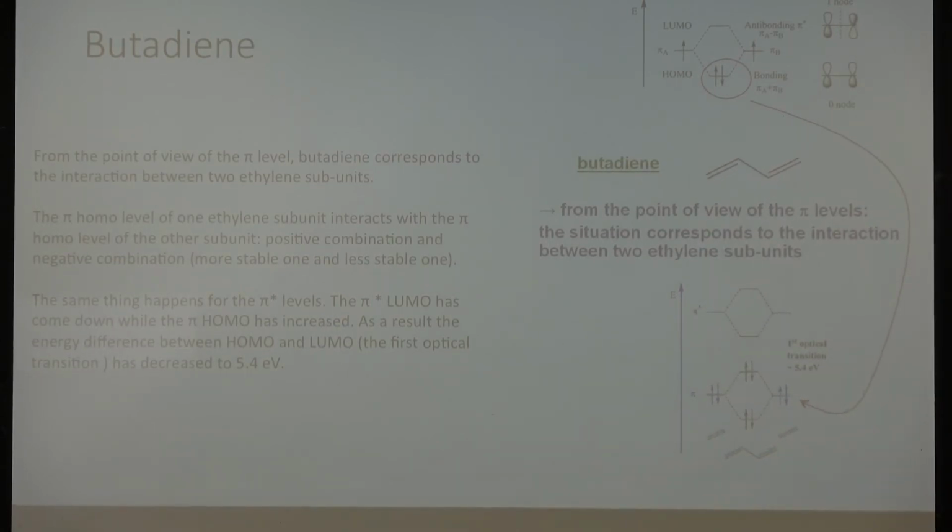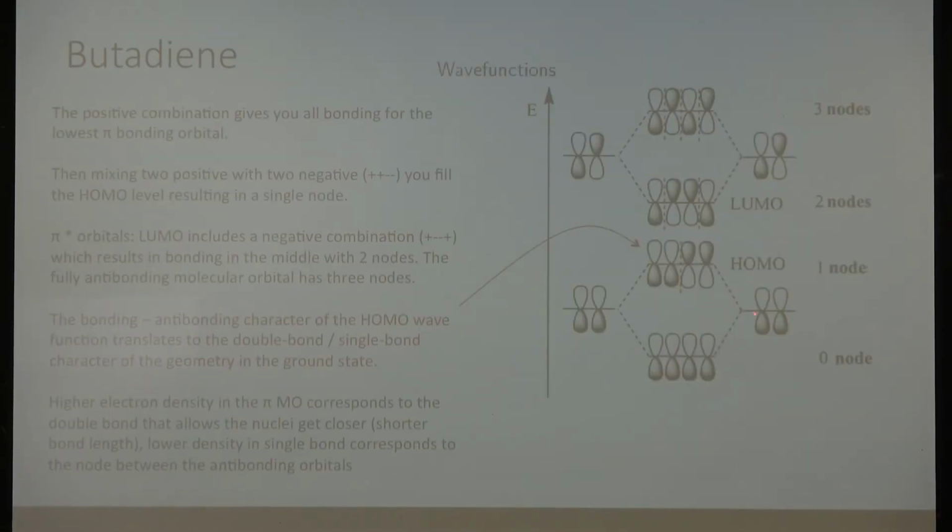As we start to fill up these pi orbitals, now we've filled up these two types of pi bonding orbitals. But what do the nodes start to look like? Here's ethylene 1, here's ethylene 2. These are your two bonding pi orbitals, but you get this node difference.